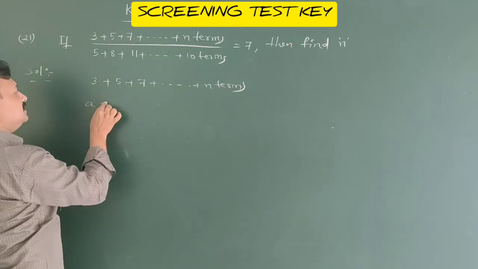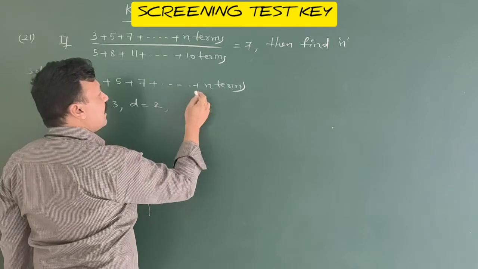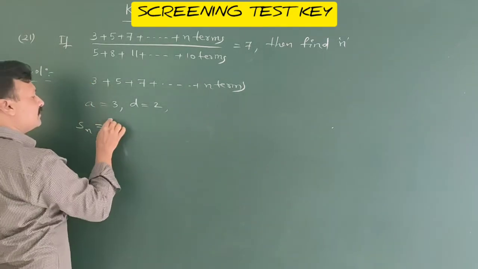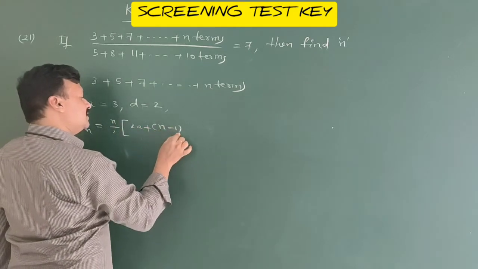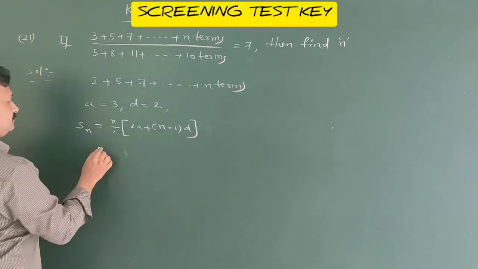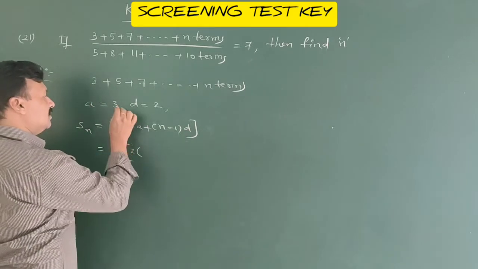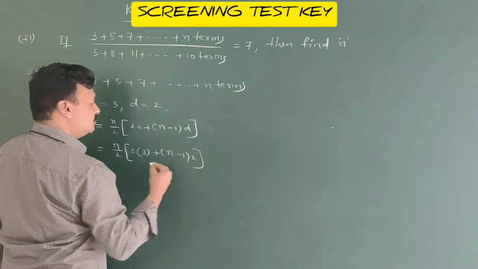Here a is 3, d is 2, and the number of terms is n. Sn is n by 2 of 2a plus n minus 1 into d. Here n by 2 of 2 into a means 6, plus n minus 1 into 2.